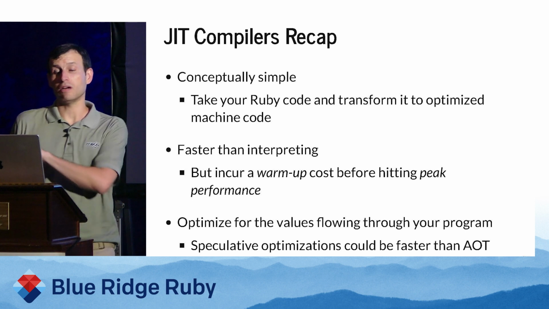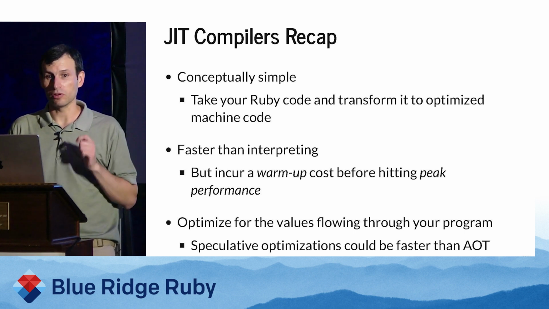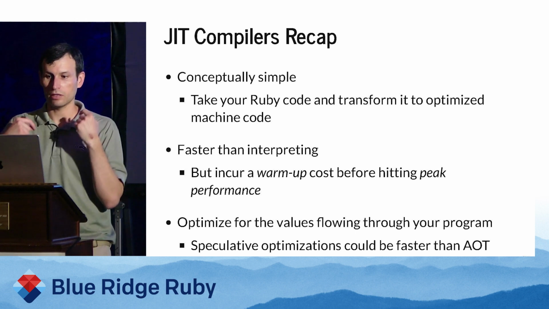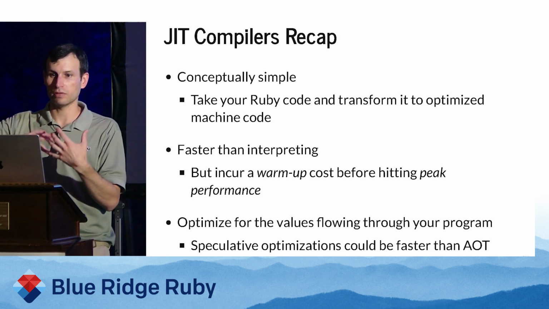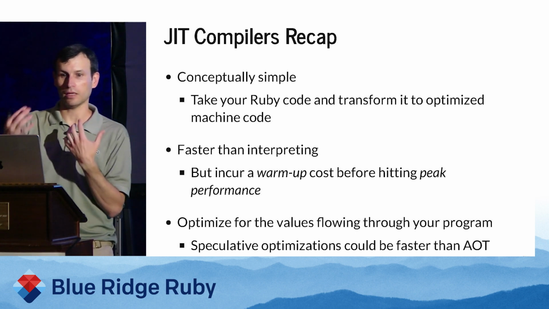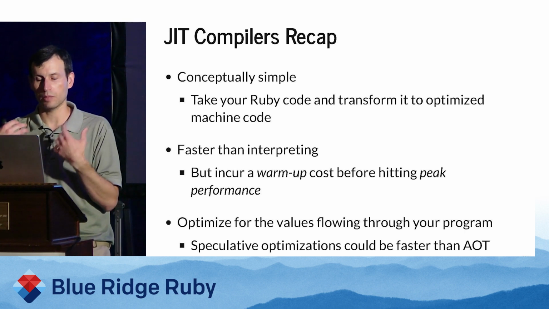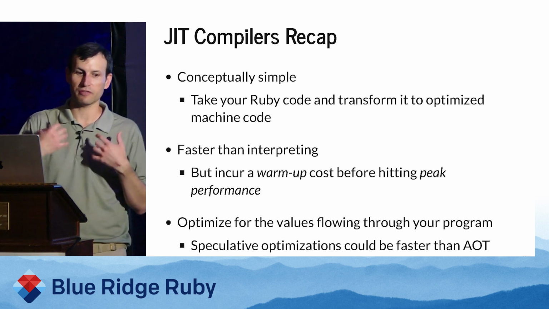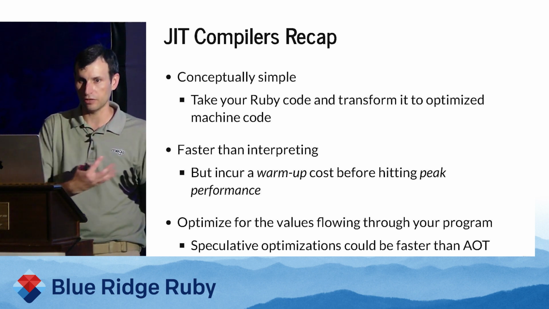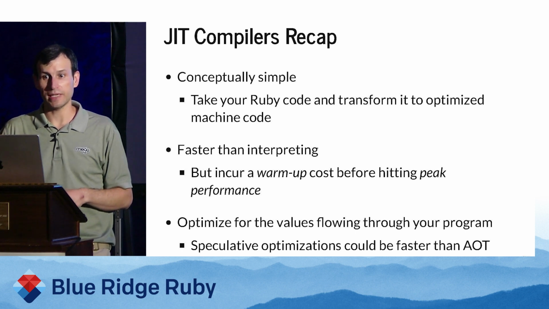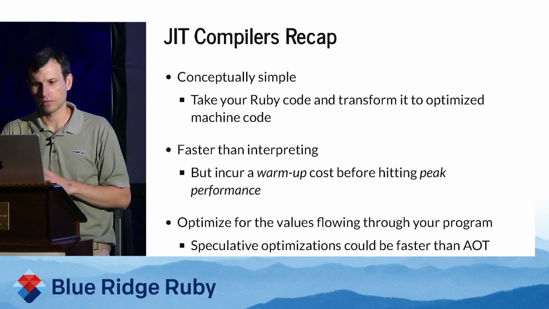The JIT compilers can optimize based on values flowing through your program. So this means that you and me could end up with two completely different sets of machine code. It allows the interpreter and the compiler to build code that runs efficiently for the way you actually use an application. And this is a big difference than what you see with C or Go or Rust.